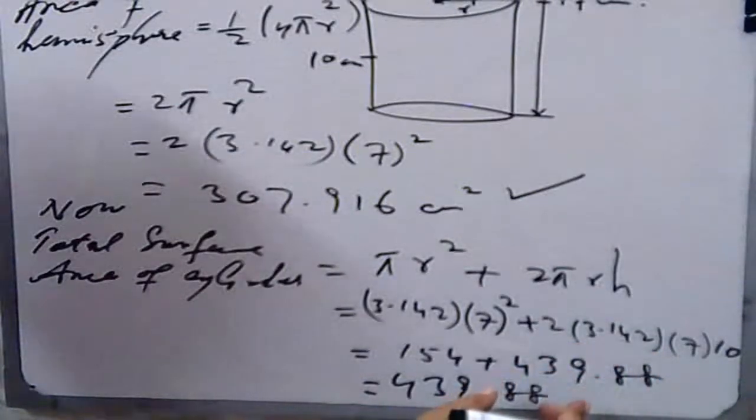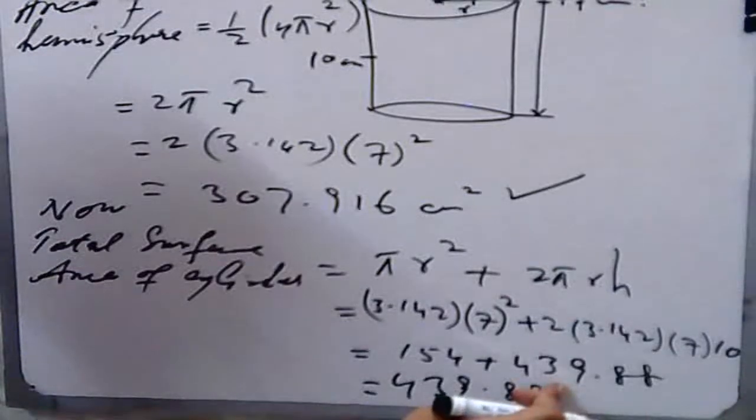So the total surface area will be equal to, so after adding 154 and 439, which is equal to, that is by using calculator you can add it.